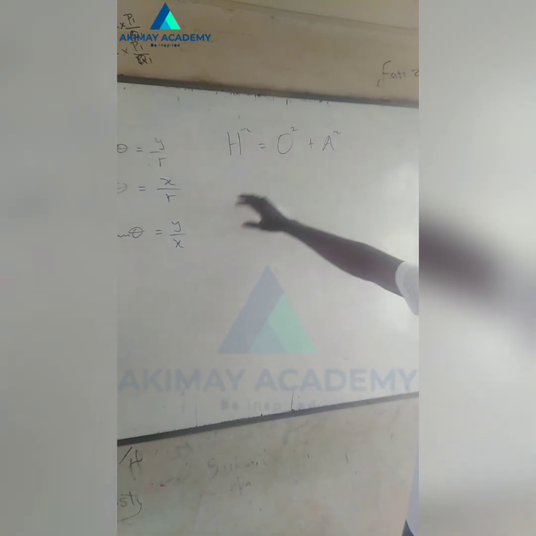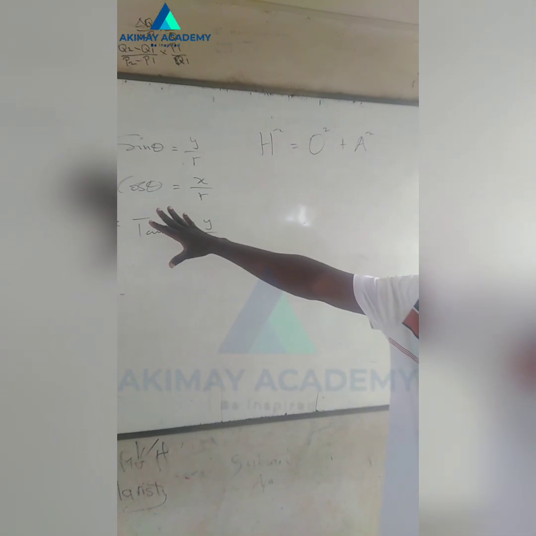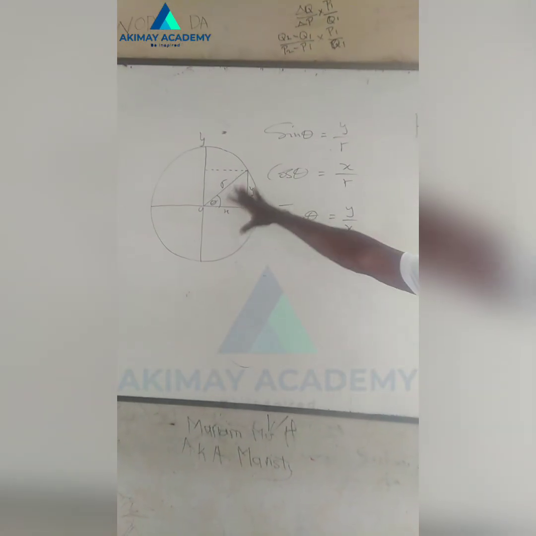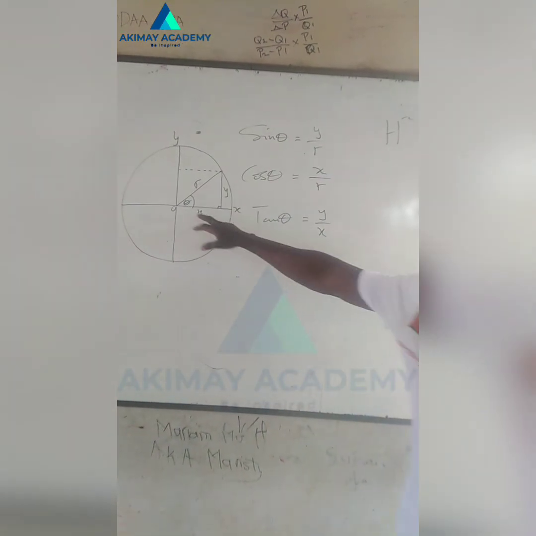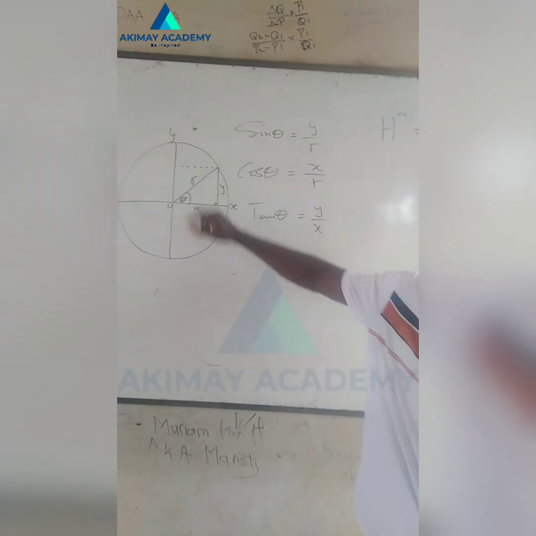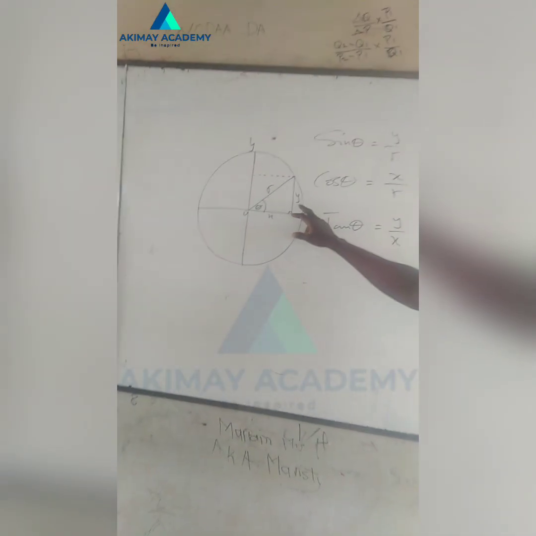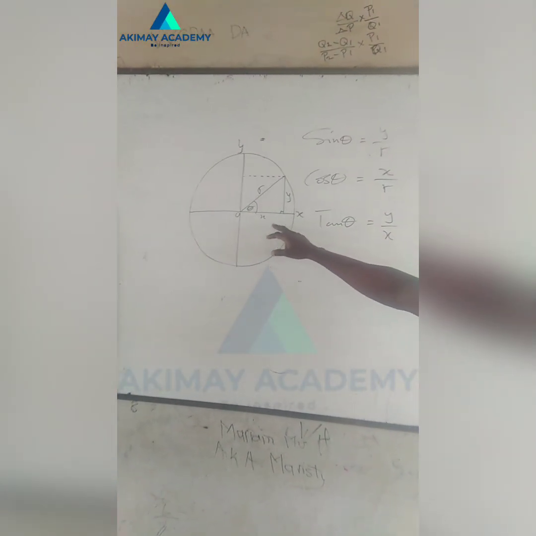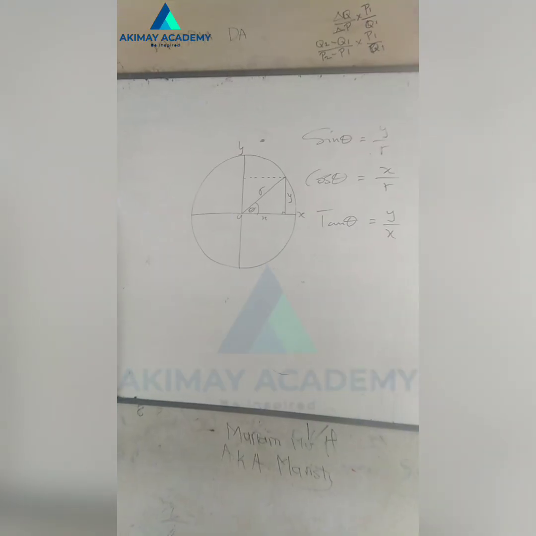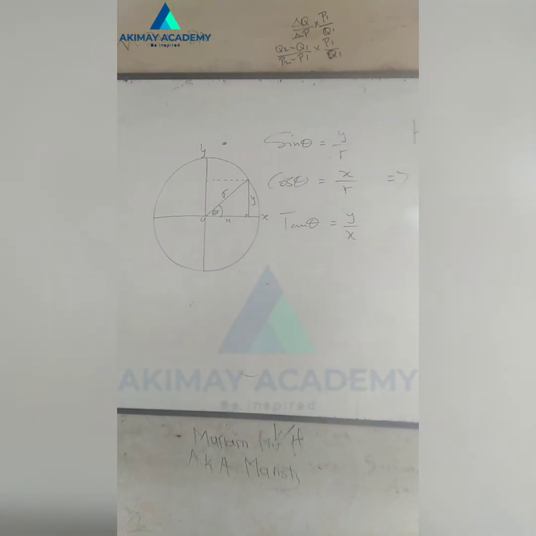Over here, from the shape that we have drawn from the circle, the hypotenuse is r, the opposite is y, and the adjacent is x. So we can fix them inside.